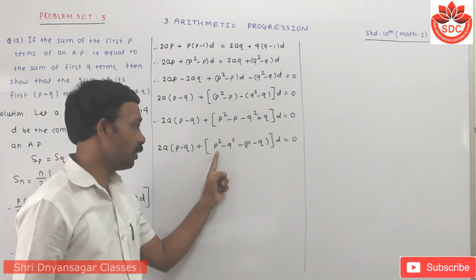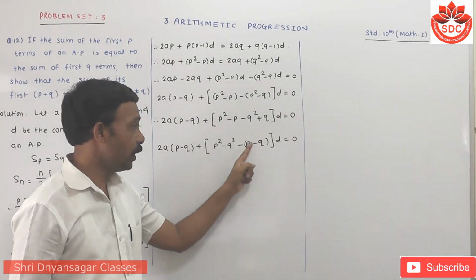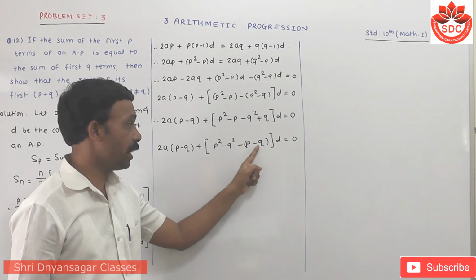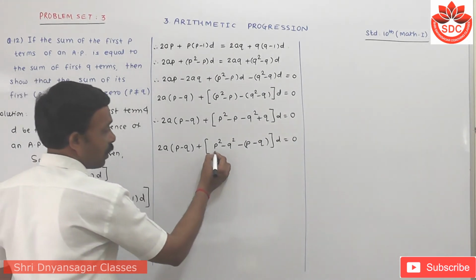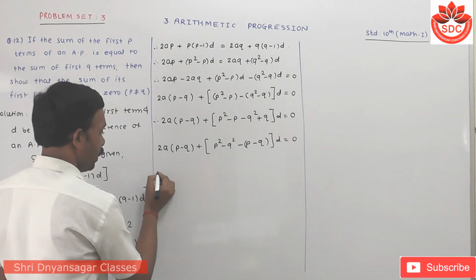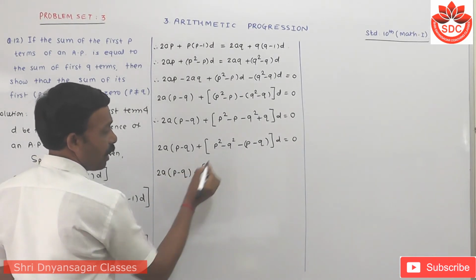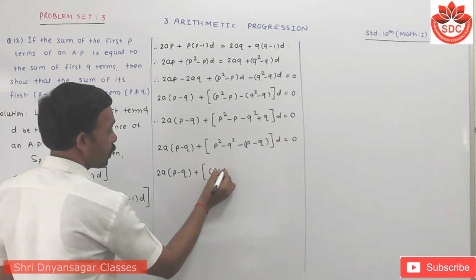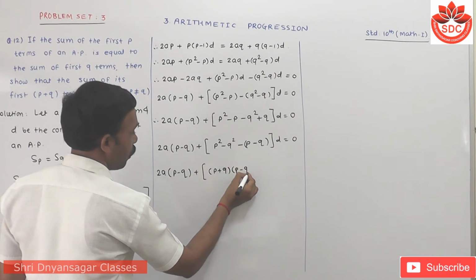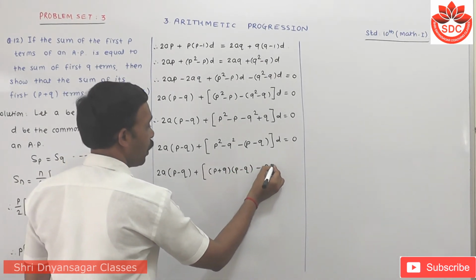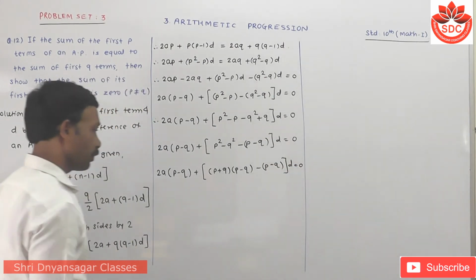I have to take this one as p square minus q square, then the minus sign, then p minus q, because when we multiply this minus it becomes minus p and plus q. Then I also have to use one identity. All of you know this identity: a square minus b square means a plus b into a minus b. So p plus q, p minus q minus p minus q into d is equal to 0.